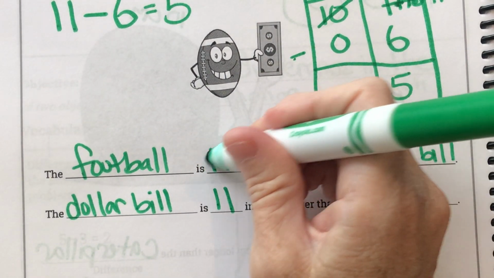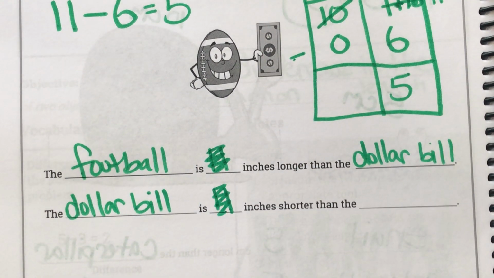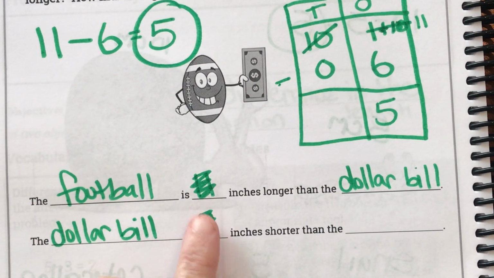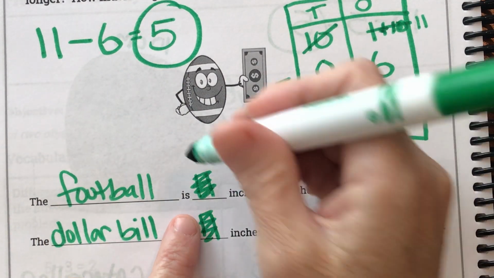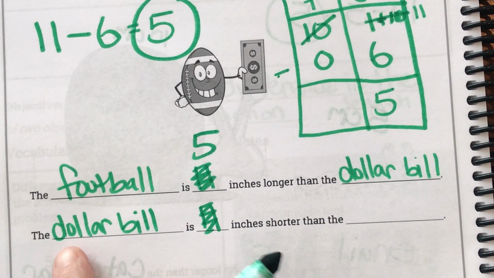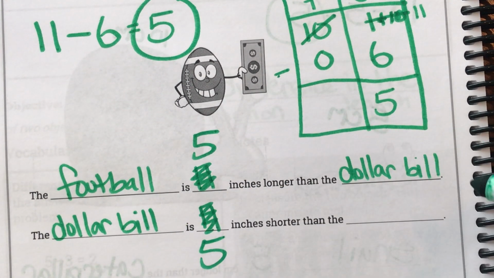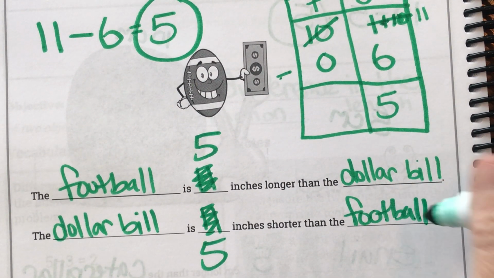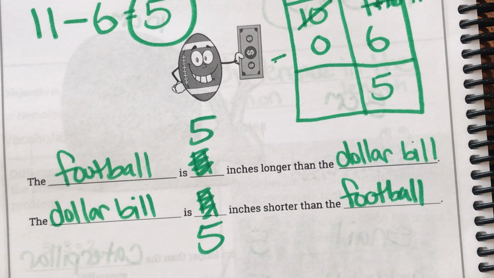Oh, I put 11, boys and girls. I'm so sorry, I made a mistake. That's not true. My difference was 5. Let me correct that. So the football is not 11 inches longer. The football is 5 inches longer than the dollar bill. And the dollar bill is 5 inches shorter than the football. I hope that you caught that mistake before I did, boys and girls.